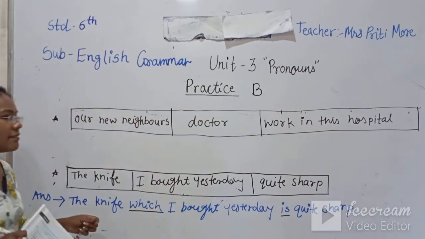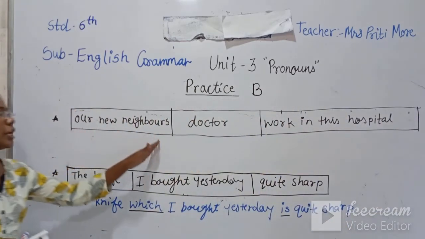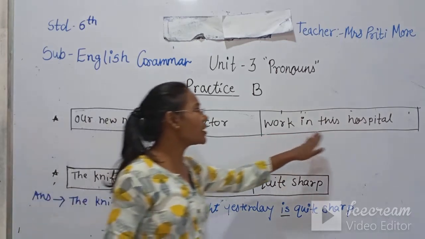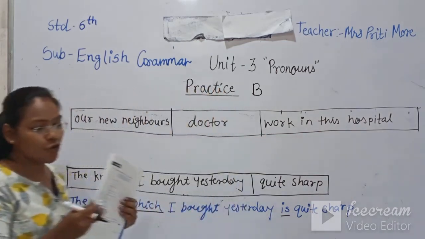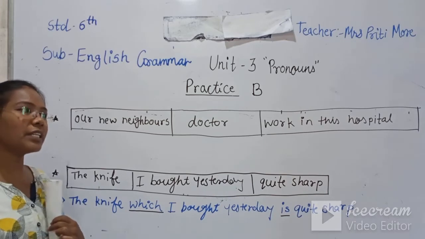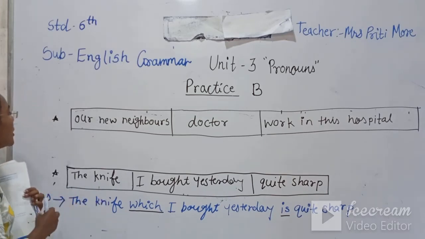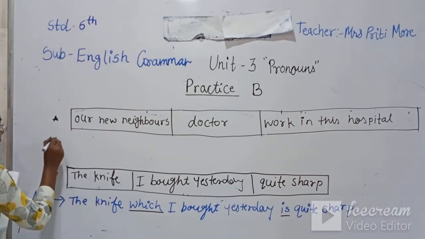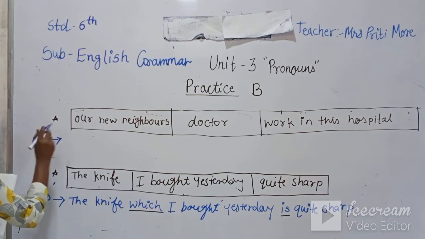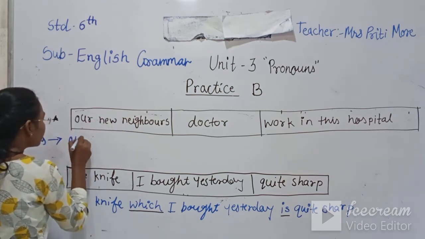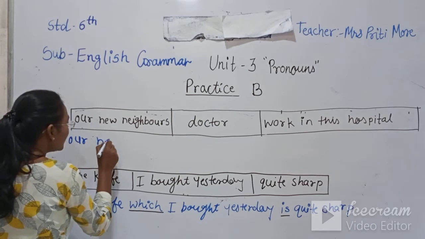Now see what is given there in the bracket. Our new neighbors doctor work in this hospital. So again we have to use the appropriate relative pronoun here. So what will be the answer? The answer will be our new neighbors.